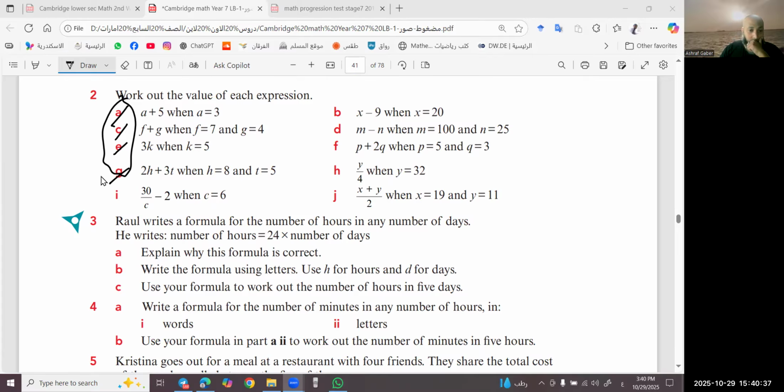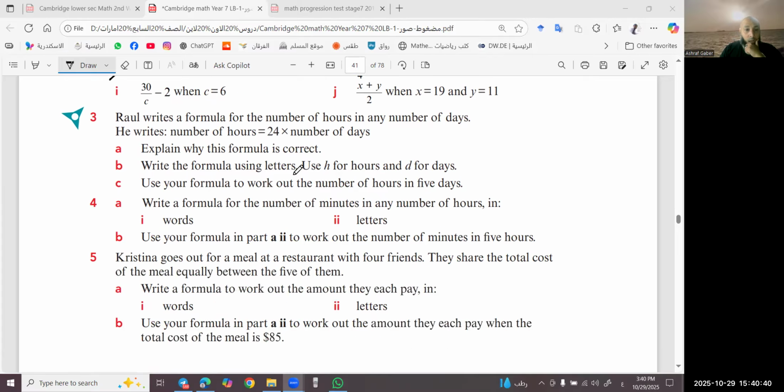In exercise 3, now I want to ask Jaida to read and solve. Ralph writes a formula for the number of hours in any number of days. He writes number of hours equals 24 times number of days.